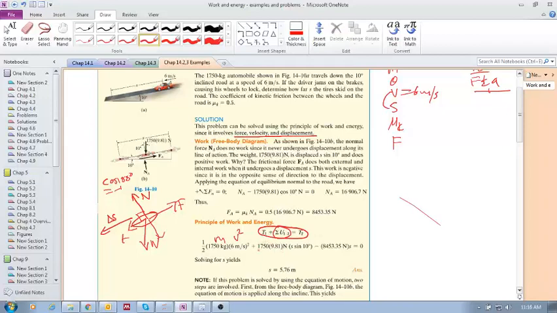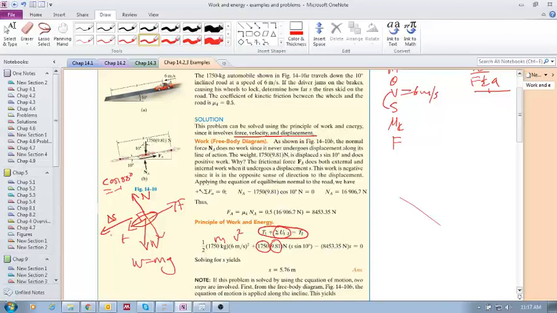So let's look first at the weight and the work done by the weight. You agree with me that the weight is mg, mass times gravity. But now we need this component, and to get it we calculate it this way: it is S, the total distance, times sine of 10, which gives us the vertical distance it has traveled.